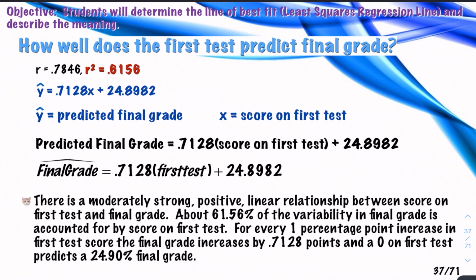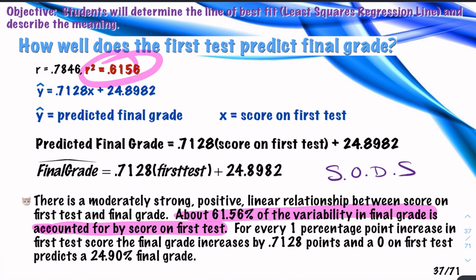Now we interpret it using shape, outlier, direction, strength. There is a moderately strong, because of the R, positive linear relationship between score on the first test and the final grade. About 61.56% of the variability in the final grade is accounted for by the score on the first test. Again, this is coming from R squared. More about that in part 3.